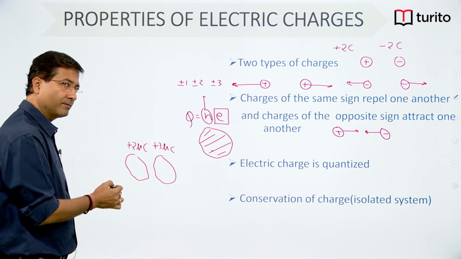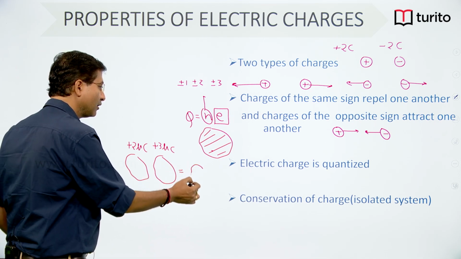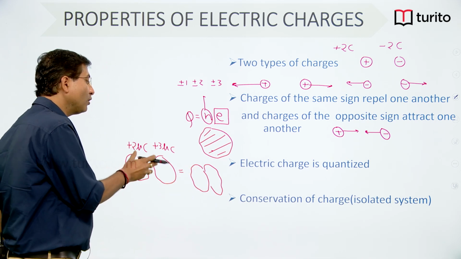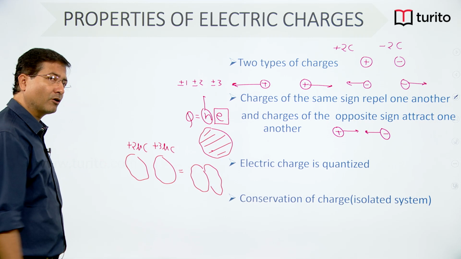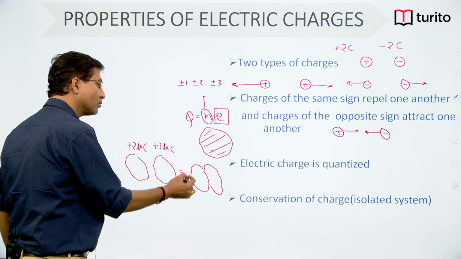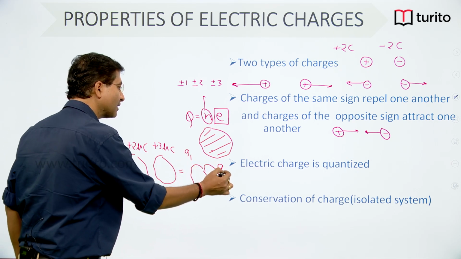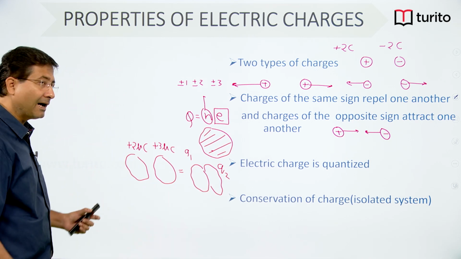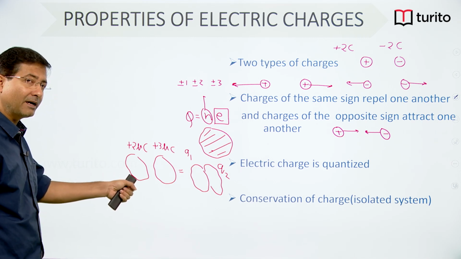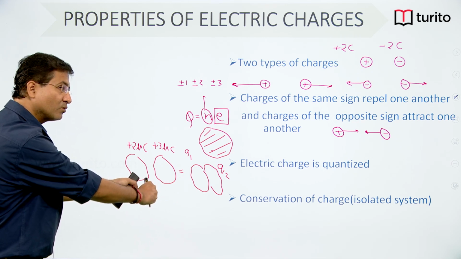If I connect them directly or by some conducting wire, if I just join them, then a few electrons will move from one body to another body, right. And finally, this body is having charge q1 and this body is having charge q2. I connect these by insulating handle, and just touch these two.